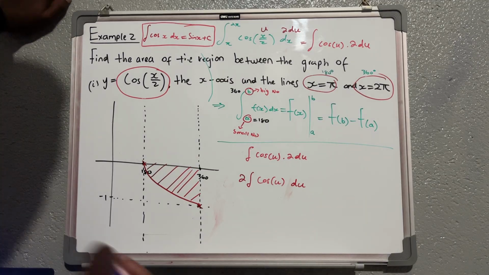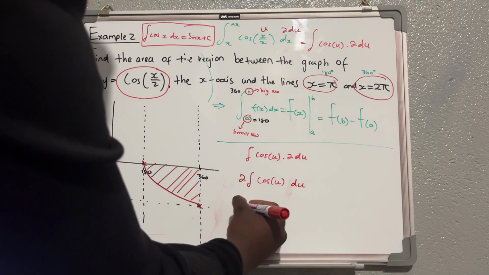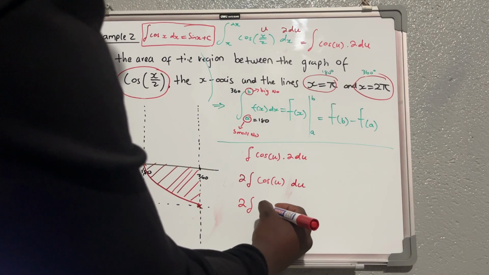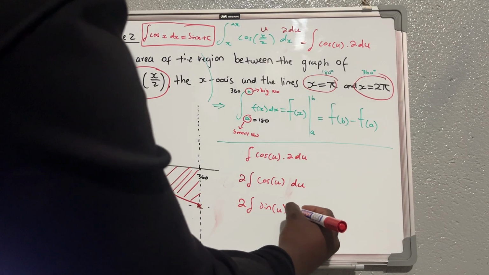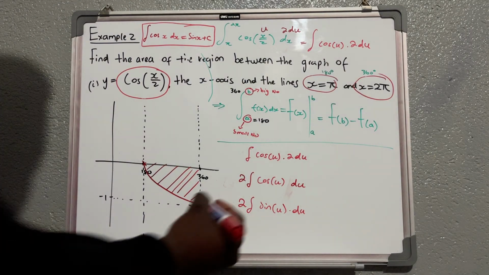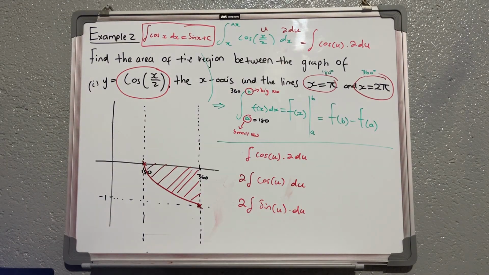So now I can say I have 2, then where I have my cos, I can replace it by sine of u du. Then okay, I'm done with this. I've also included the correct rule. It means now I'm able to go back and borrow from what I've written at the first stage.